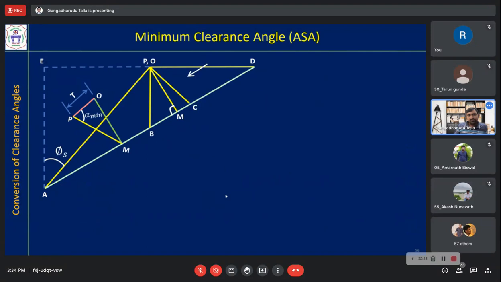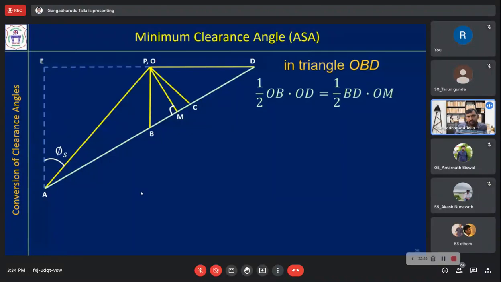So that is OM. So alpha minimum is this, OPM, that is alpha minimum. Now consider OBD, again ASA system.